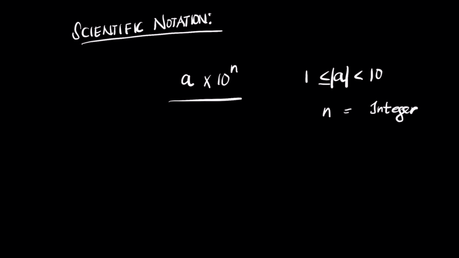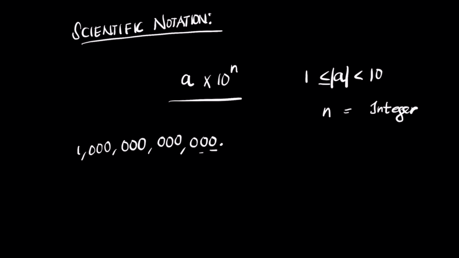Now let's try and convert some values into scientific notation. For example, take the number of stars in the Andromeda galaxy, so this is the number that you generally see. Now, how do you convert this into the scientific notation? Number 1, always start at the end and count the number of zeros until you reach an integer.